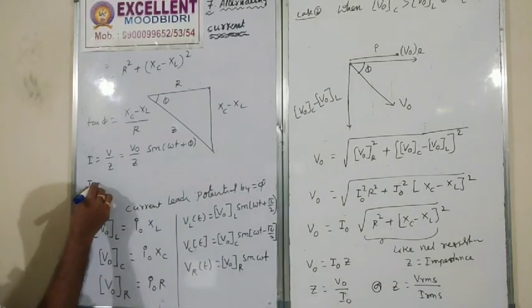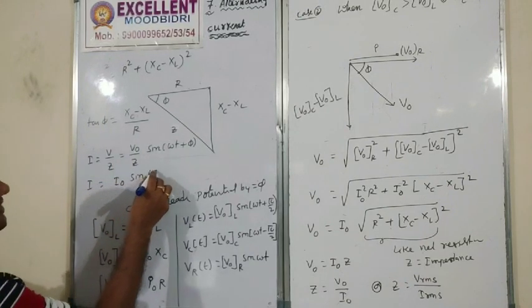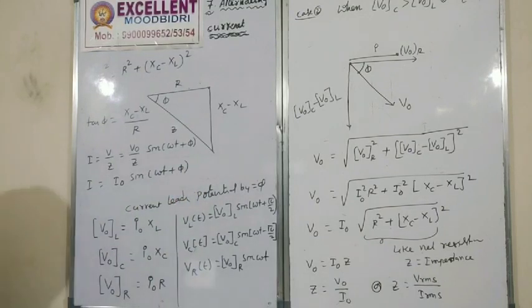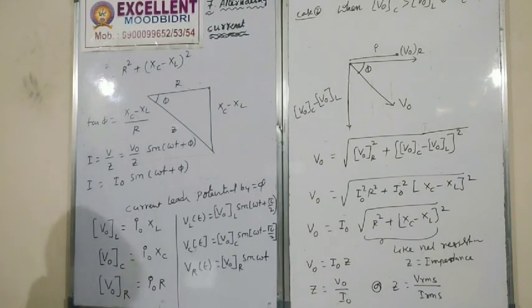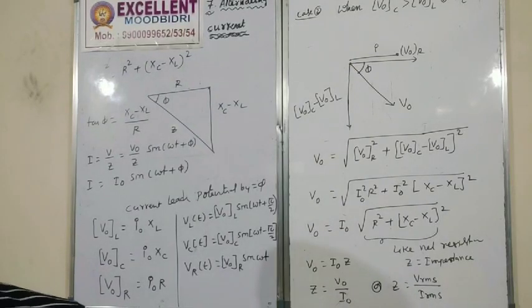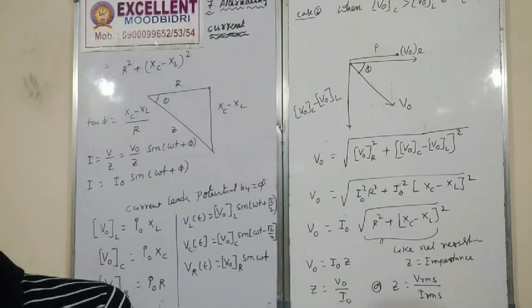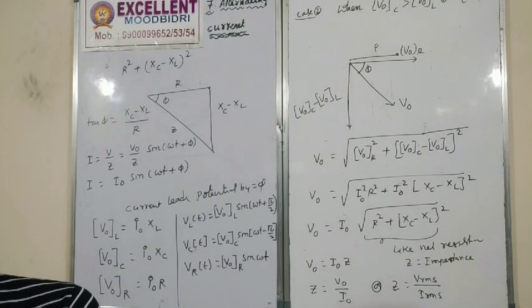So I is equal to I naught into sine omega t plus phi. Okay, so this is case 2. Finish my case 2, right? Listen carefully, as case 2.